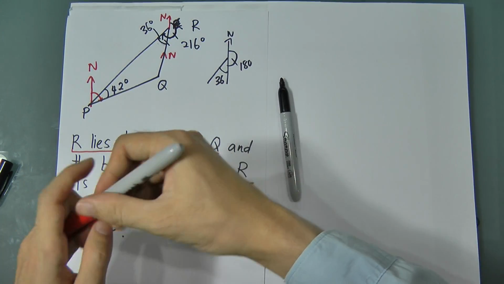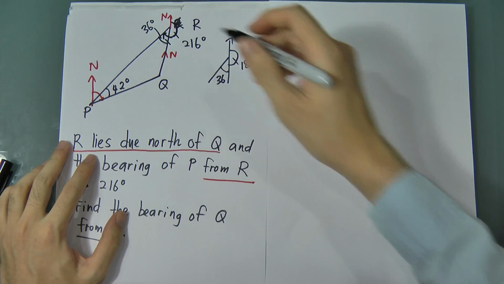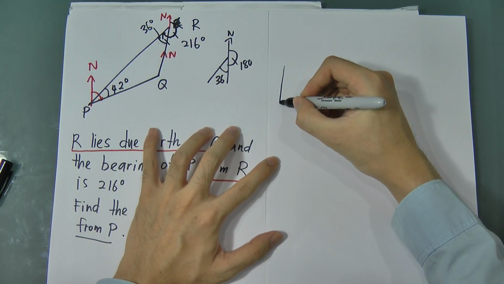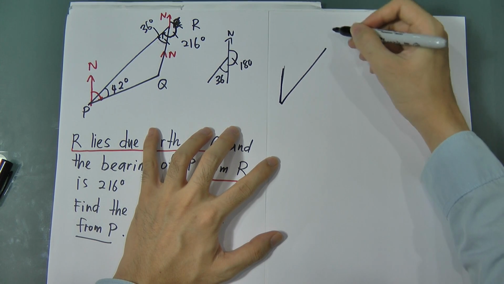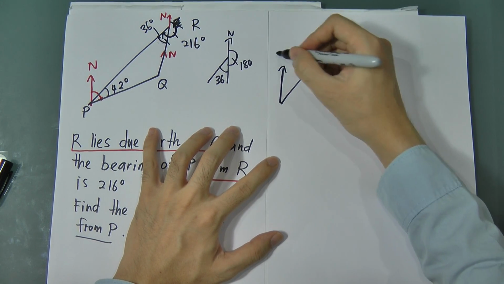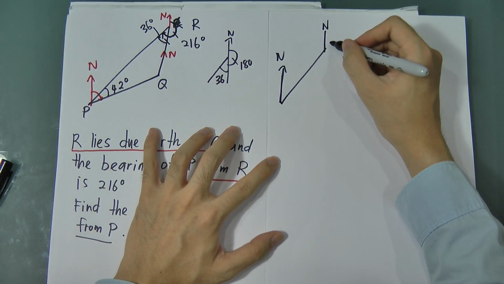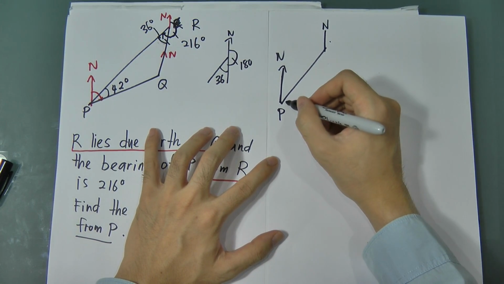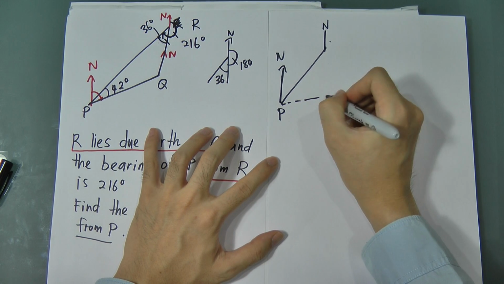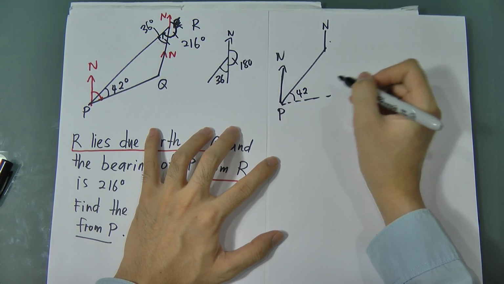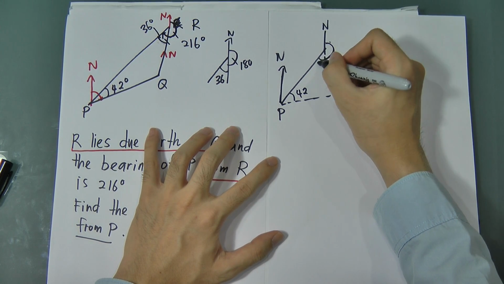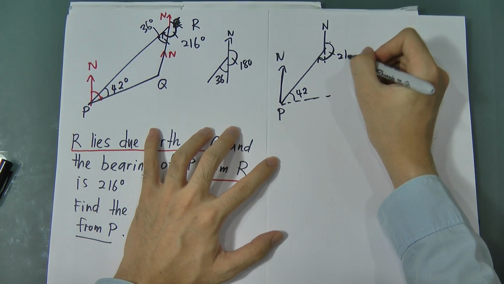So let me draw this thing out. Let me draw nicely a bit. This is north, and here actually is R, here is P. We know something like this, here is 42. And the total turn from here to here is 216.